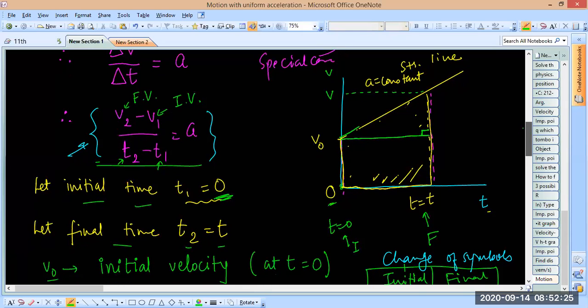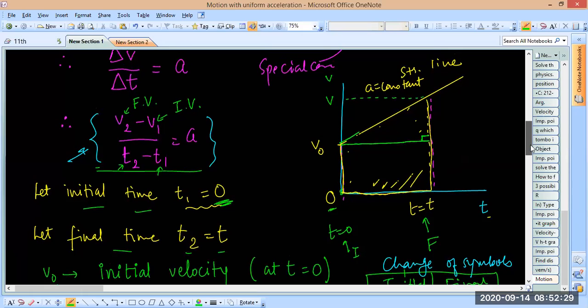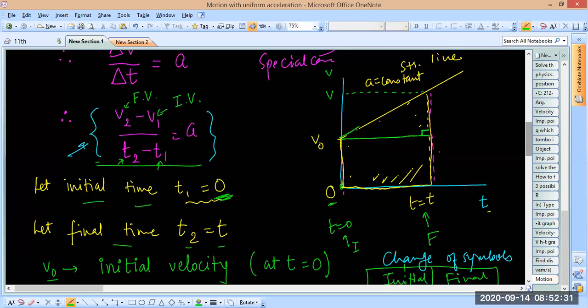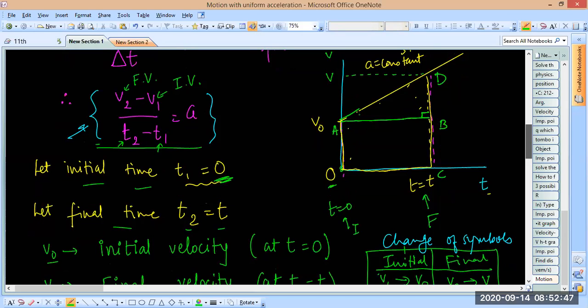So let's do it. Those who want to do it by trapezium, I don't mind. Those who don't want to do it by trapezium, you follow what I'm doing. So I'm going to say that this is O, A, B, C, and this is D. Now this whole area is the area of that triangle and the area of this rectangle.